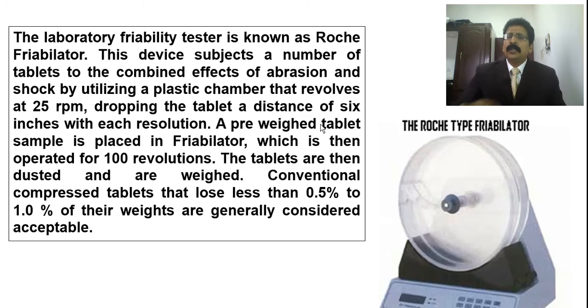Because this minimum shock and minimum abrasion should be withstood, the unit dosage form tablet should have the strength to hold it. Otherwise, when it is transported, or shifted from one place to another, or during packing, there are many parameters which we have to check in the manufacturing unit itself.